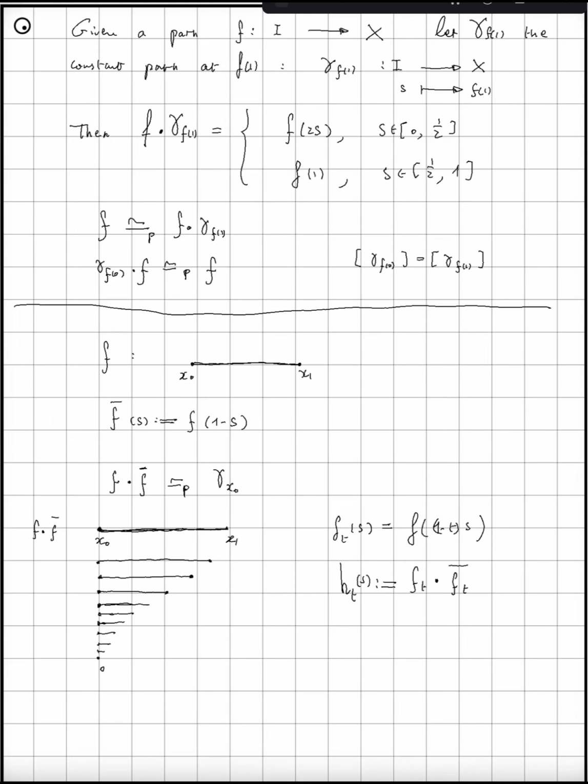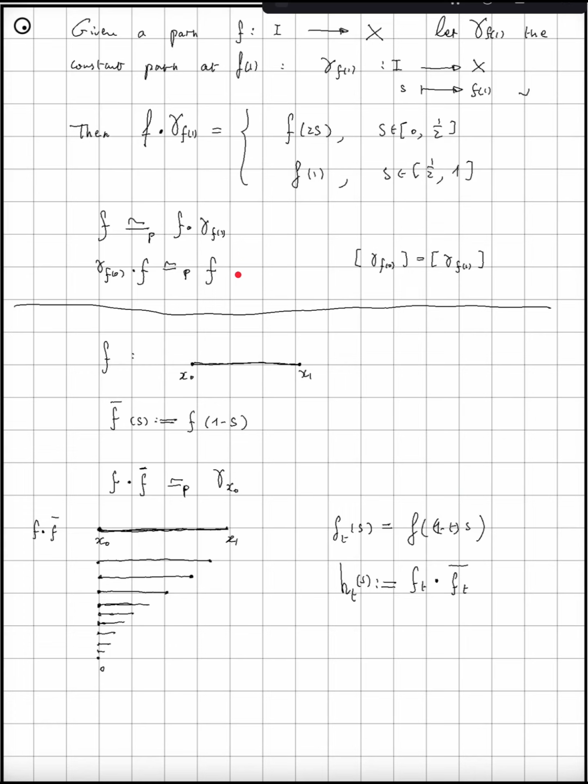It is always on that point f1. And then you check this concatenation of f with gamma f1 is, by definition of concatenation, in the first half of time f goes from f0 to f1. In the second half of time, it doesn't change at all. It's constant. And so again, because this is a reparametrization, for similar reason, by the result, this will be again homotopy equivalent. So they represent the same homotopy class.